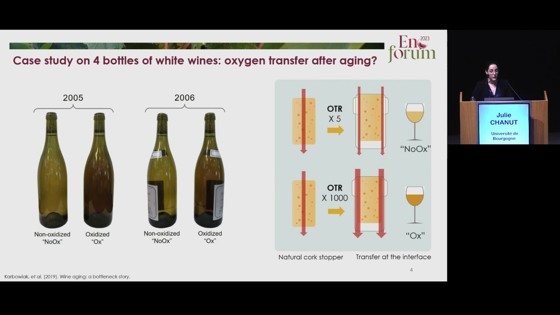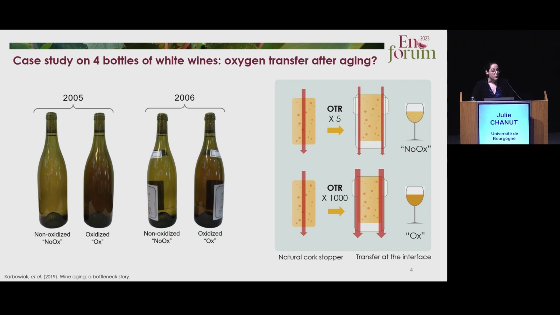After characterizing wines, we investigated in more depth the closure system in terms of permeability to oxygen. In all cases, there is a higher OTR for the entire system, that is cork and glass, rather than the cork alone. And in the case of the oxidized bottles, there is a higher transfer at the interface.